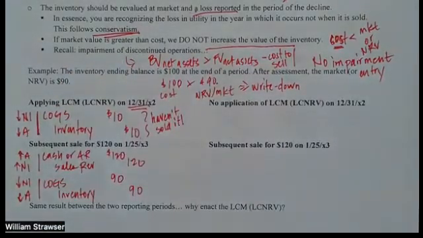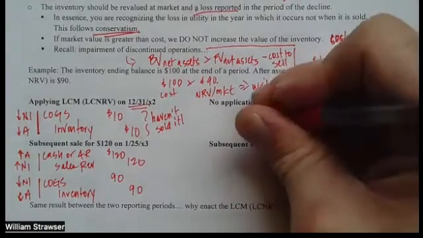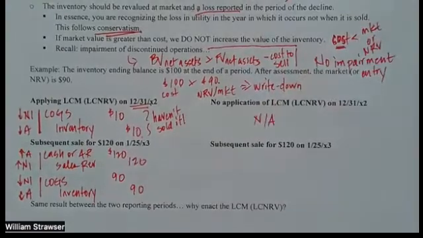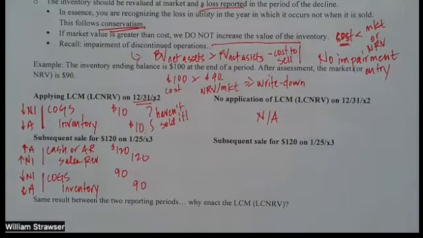Now let's suppose that we didn't apply LCM. So if we don't, there's no application. That means we have no adjusting entry. We don't reduce the value of the inventory. And then we have a subsequent sale for $120. Right?